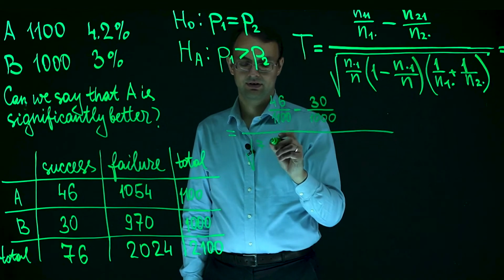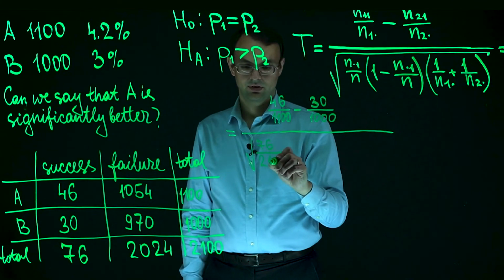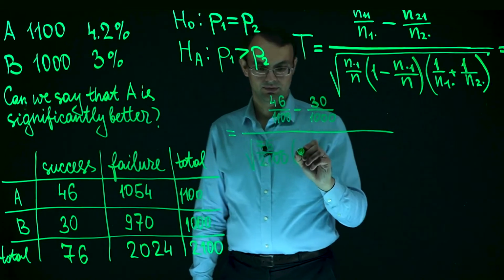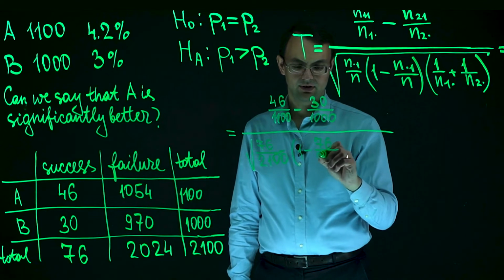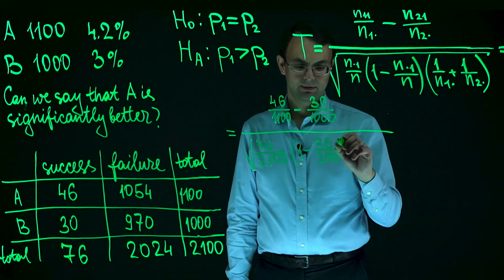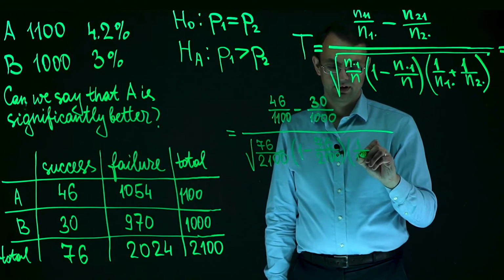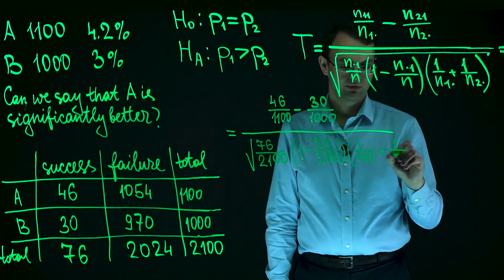So 76 divided by 2100 times 1 minus 76 divided by 2100 times 1 over 1100 plus 1 over 1000.